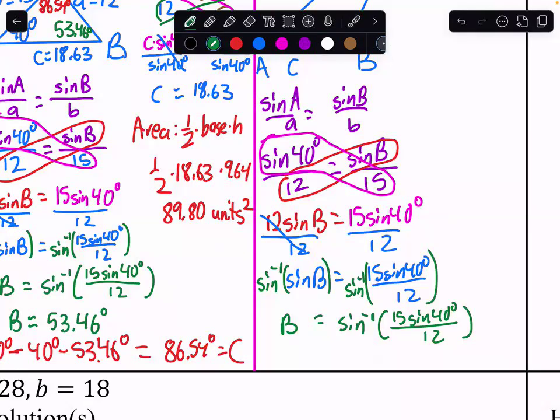Let's go ahead and use our calculators. I'll show this one.